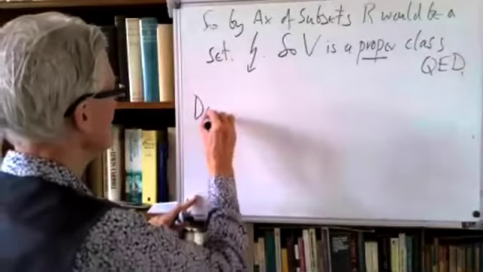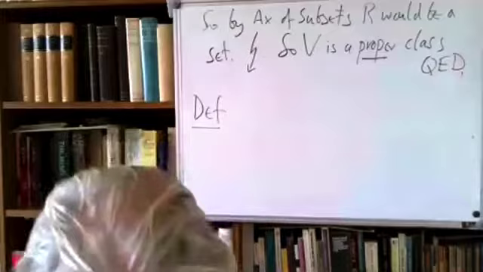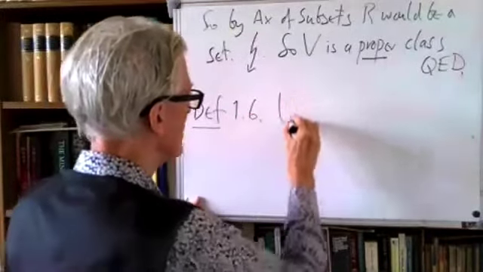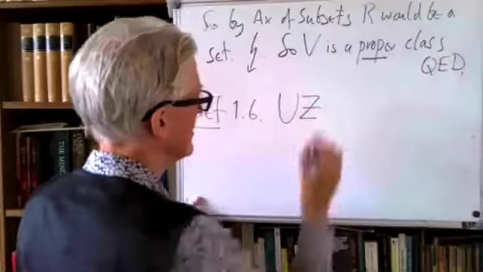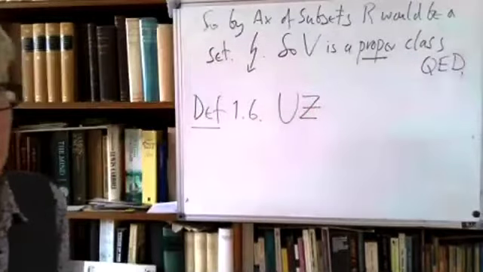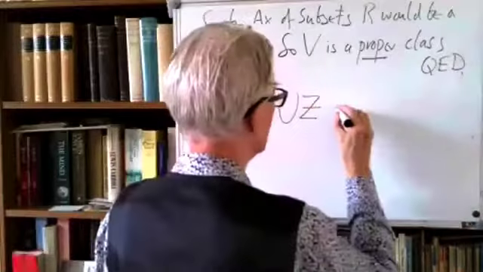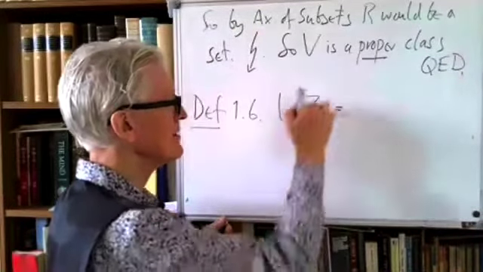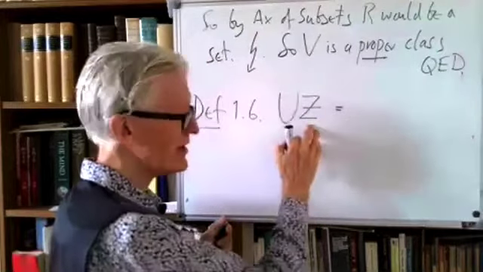Okay, moving on to the next definition, 1.6. Our big union of Z here. This makes sense whether this is a lowercase or an uppercase Z, right? So whether this is just a set or a class.